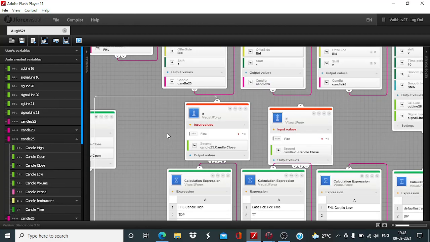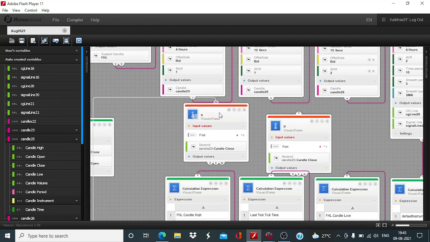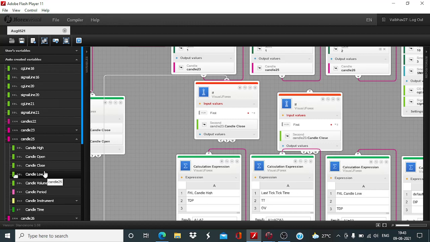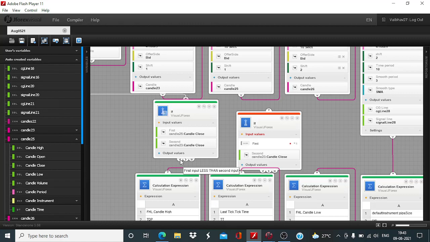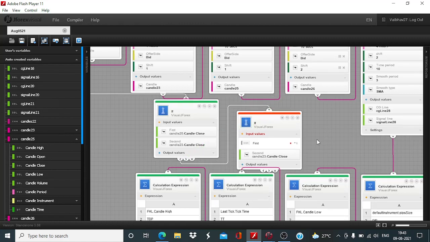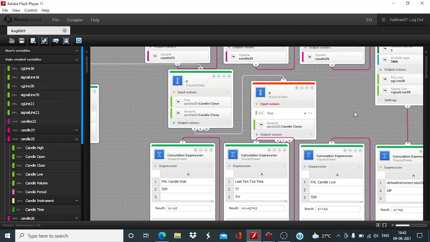We'll need candle 25th candle close to be less than candle 23rd candle close, as this is the 10-second block with shift value of 1. The look back period is 1. So first input less than second input, whereas candle 26 close should have been higher compared to the last 4 hours closing value.